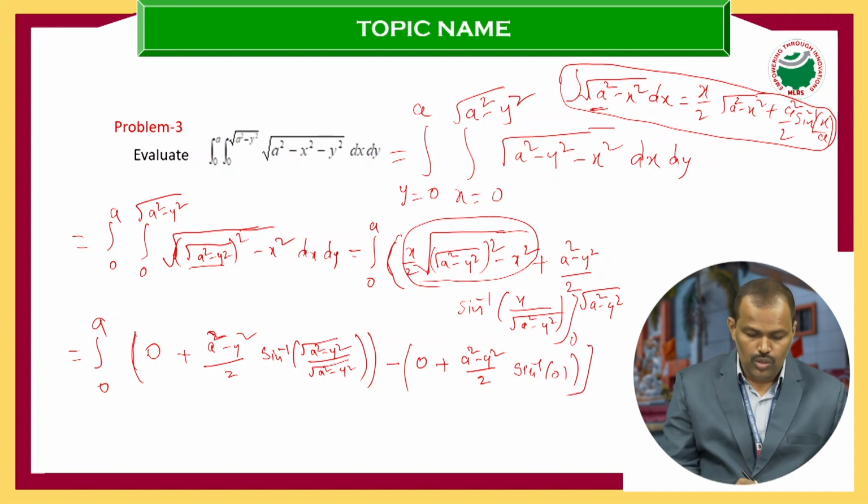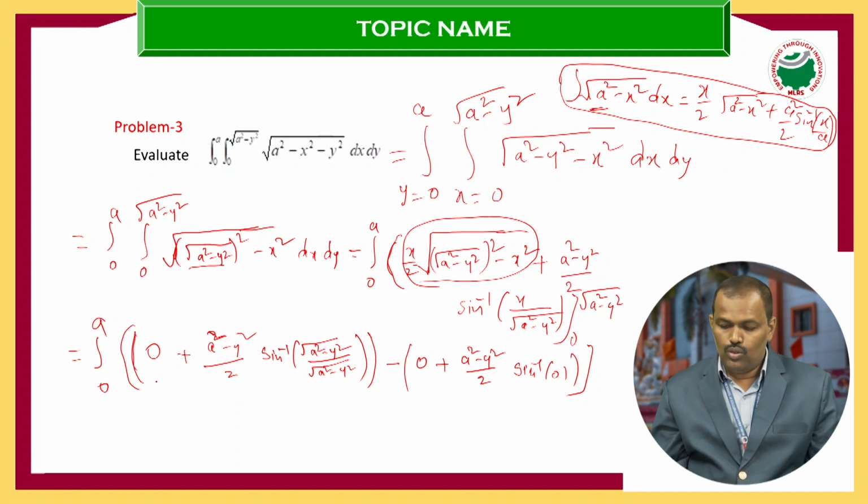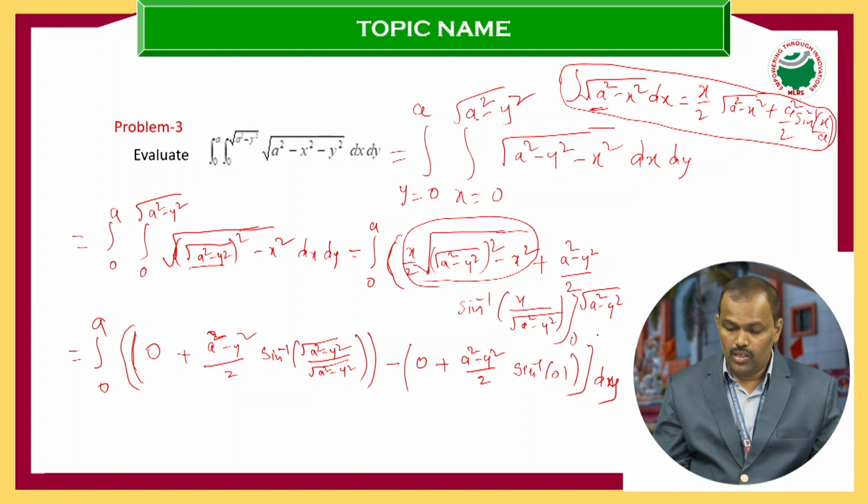This is the whole limits, whole bracket dx. So with respect to x completed, whole bracket dy. Here also I need to write dy.